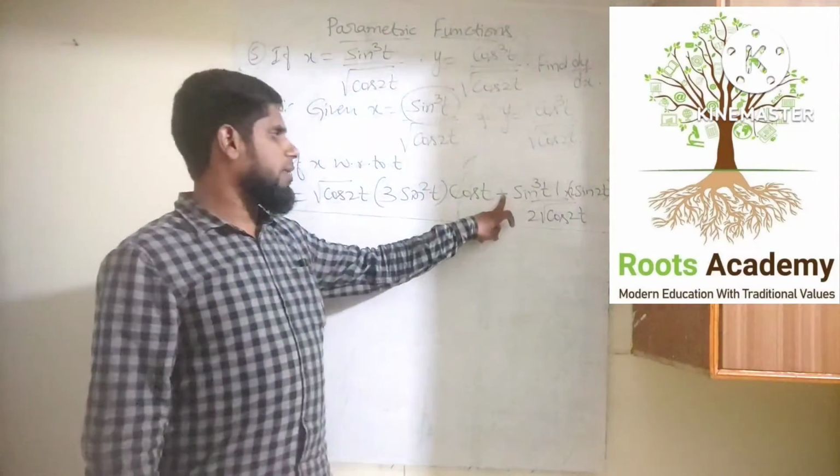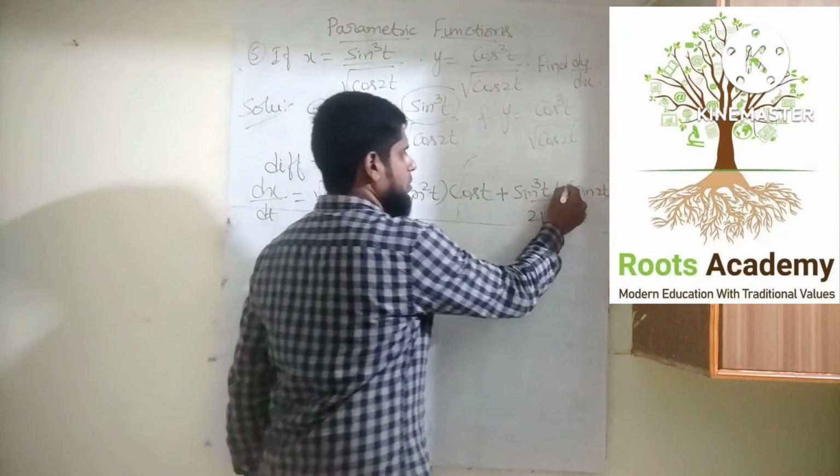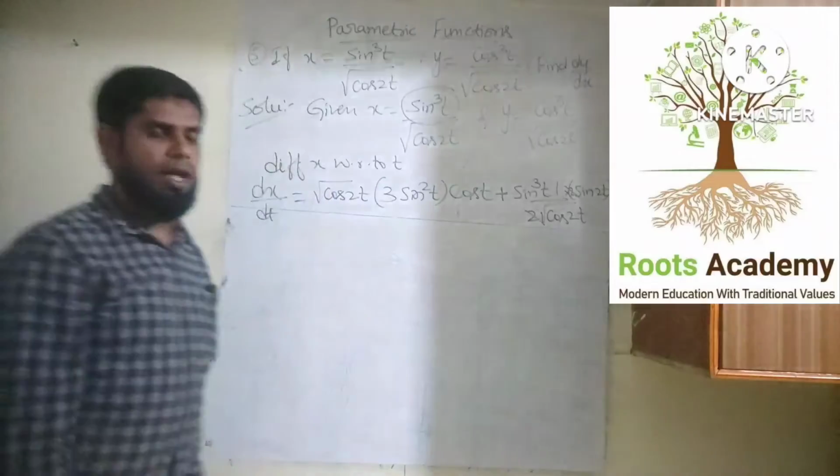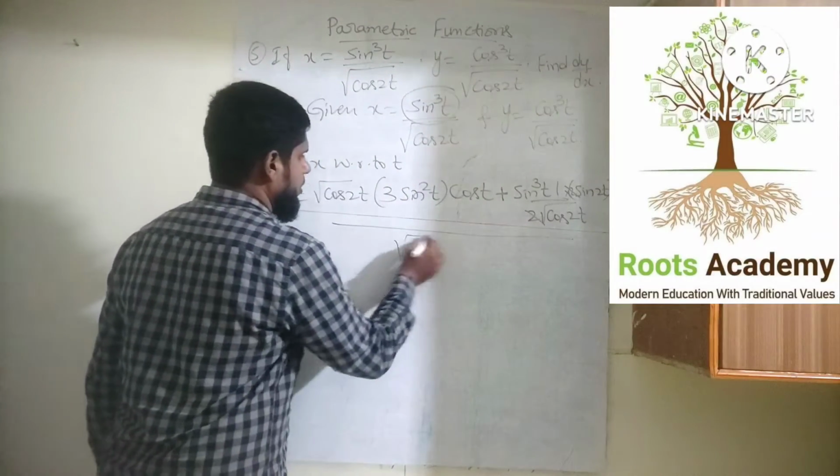There is a minus, but that minus I combined with this minus, so it becomes plus. Now this 2 and this 2 get cancelled. Whole divided by the square of the denominator.